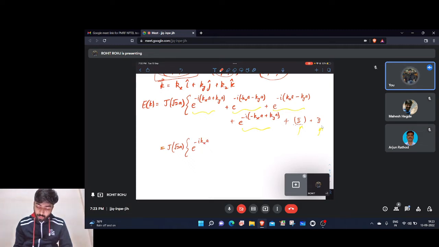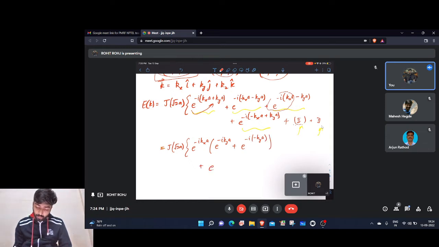Now if I take e to the power minus i kx a as common, then remaining in this bracket is e to the power minus i ky a, and if I take one more e to the power minus i kx a from this and then join this here, it becomes e to the power minus i minus ky a.